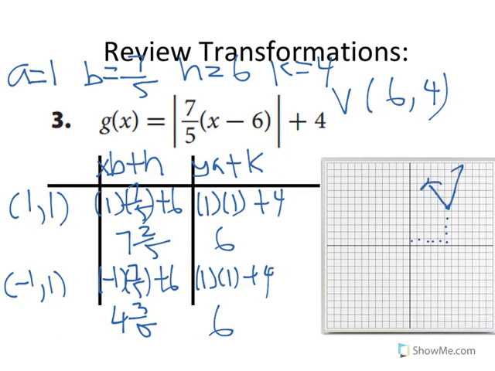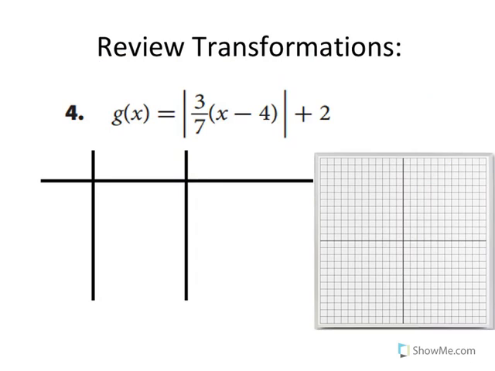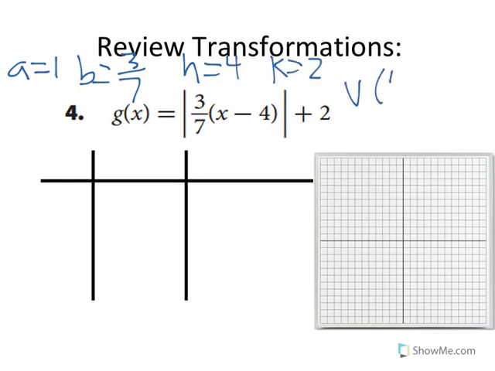Okay. So next one. Right, so similar to the previous one, A is going to be 1, B is 3/7, H is 4, and K is 2. So the vertex is going to be (4, 2).